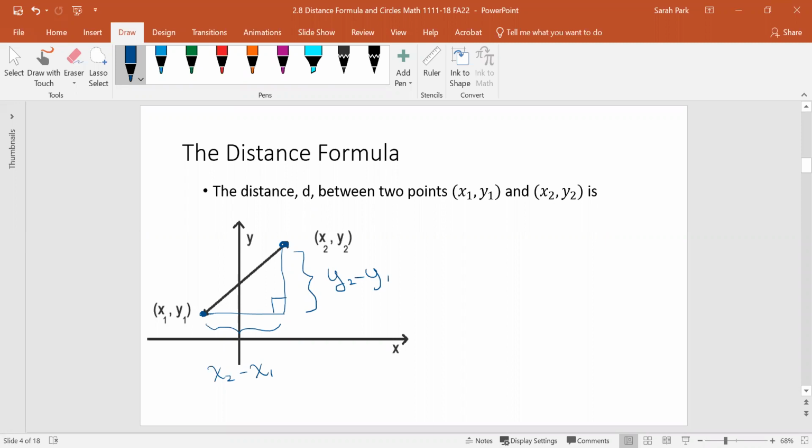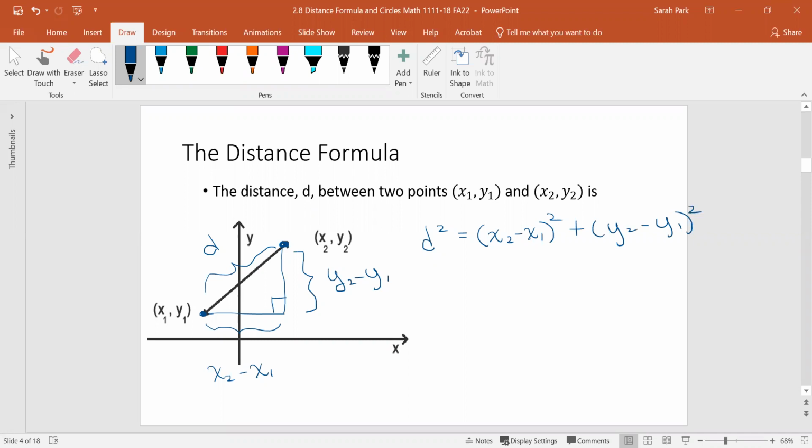Now, if you think about the Pythagorean theorem, where the legs of the triangle give a squared plus b squared equals c squared. So if we call this d, or the distance between those 2 points, d squared is x2 minus x1 squared plus y2 minus y1 squared.